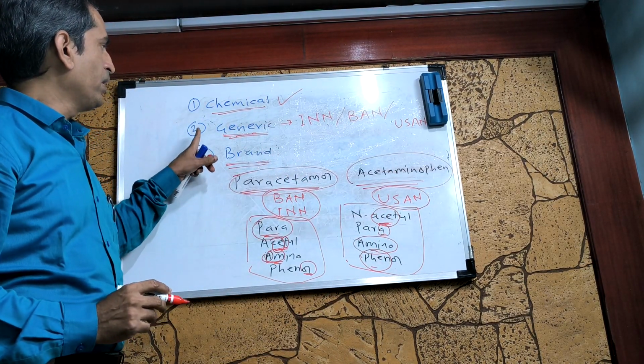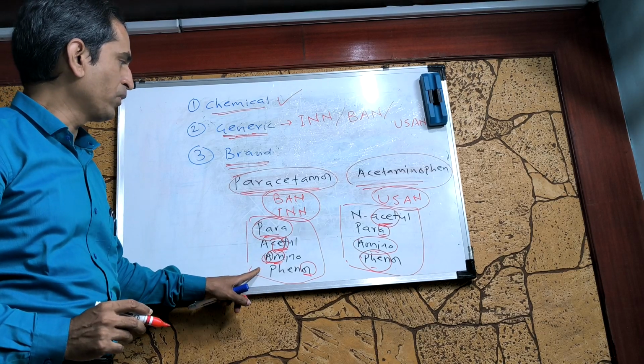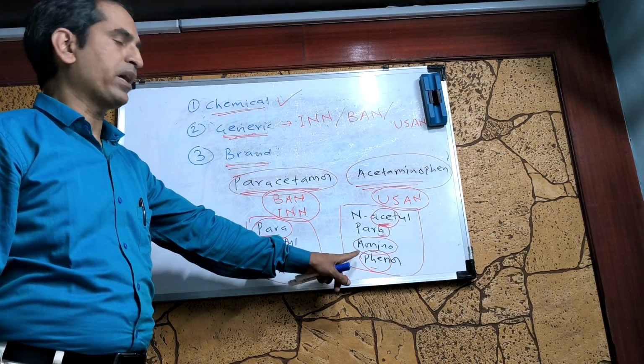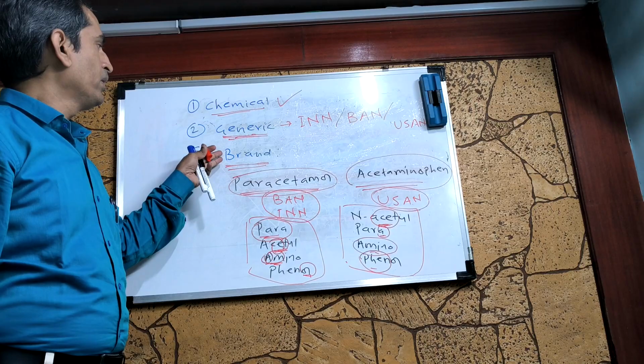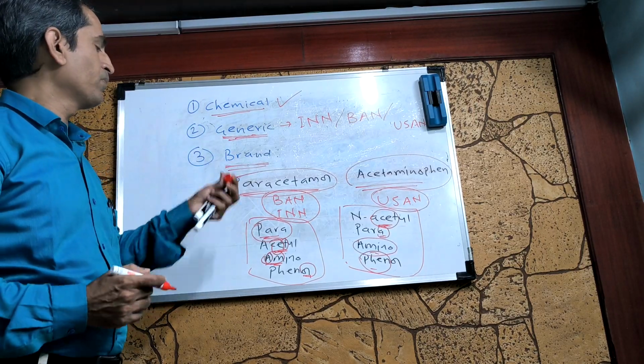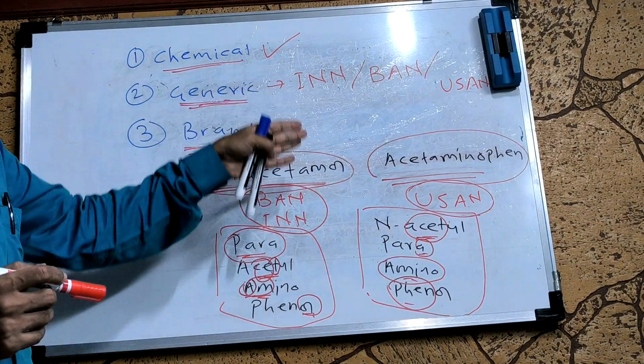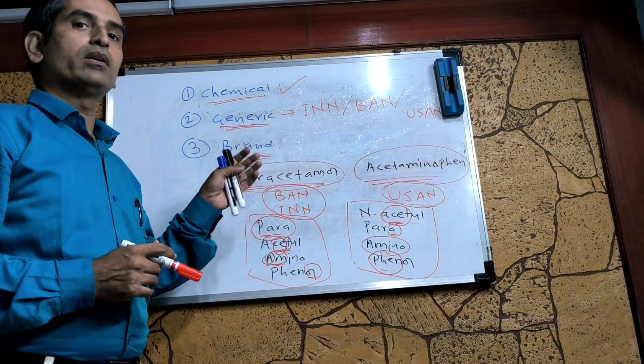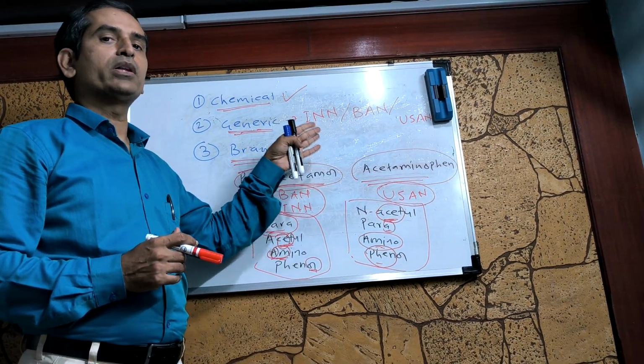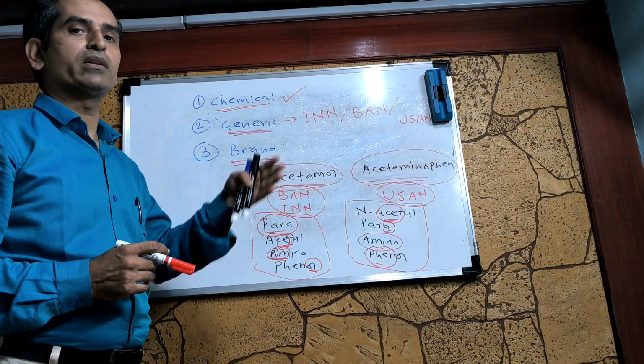And the chemical name is para-acetyl aminophenol and N-acetyl para aminophenol. For the different brand names, different companies would have given different names to this compound, and that's how pharmaceutical products are named, or the nomenclature is given in this manner. Thank you.